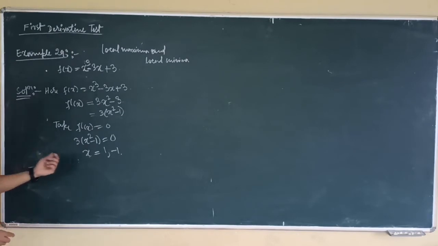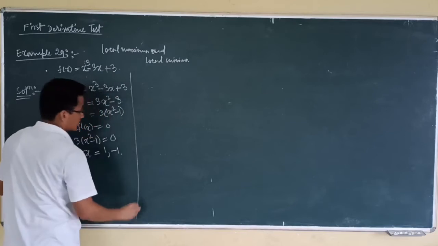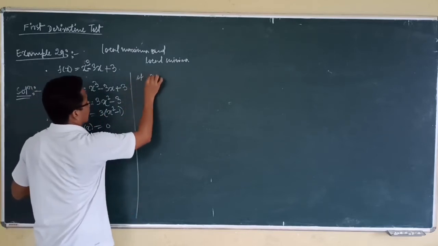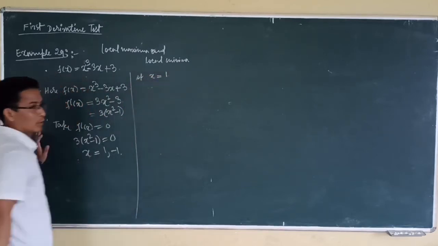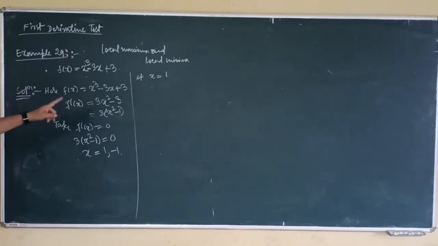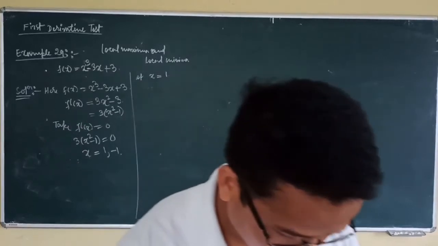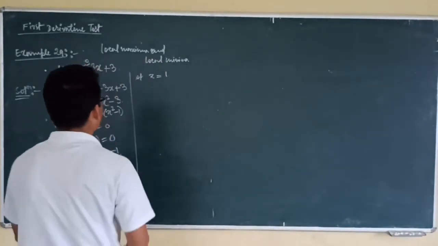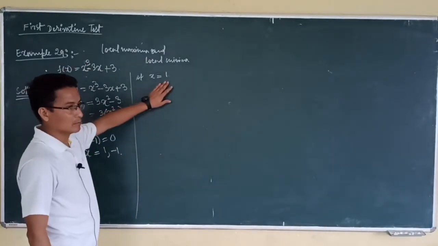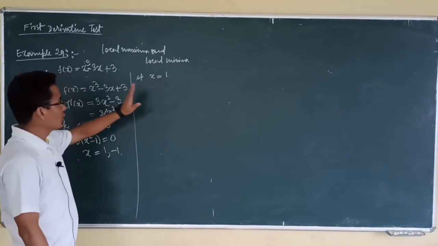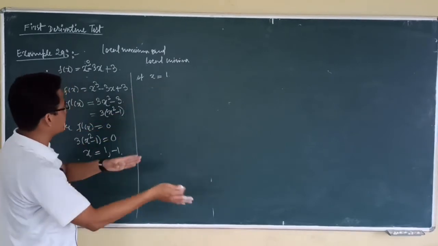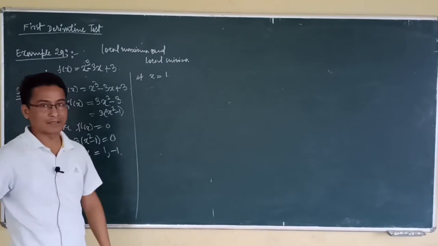Let's take the first point, x equal to 1. We will check whether at this critical point we get a maximum or minimum value. We take one value from the right hand side and one value from the left hand side.